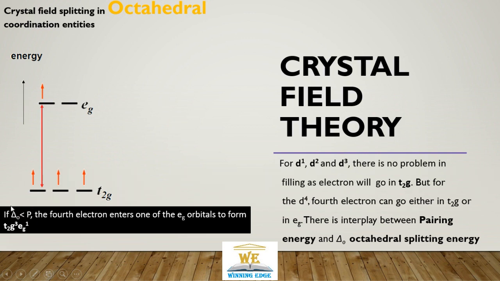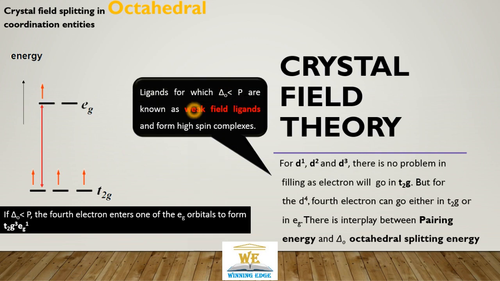This happens only when the octahedral field is small compared to pairing energy, and octahedral strength will be weak only in case of weak field ligands, like we just saw in the spectrochemical series. Weak field ligands like chloride, bromide, iodide or thiocyanate will give us high spin complexes having a higher number of unpaired electrons.